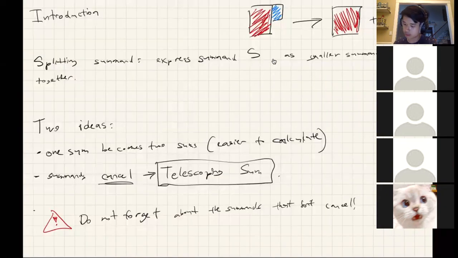So here's an introduction to what we're doing today. What is the goal, right? When we're doing a splitting the summand problem, we're usually given a summand that's pretty weird. It's pretty complicated. It looks very hard to simplify. And the key is to rewrite the summand.